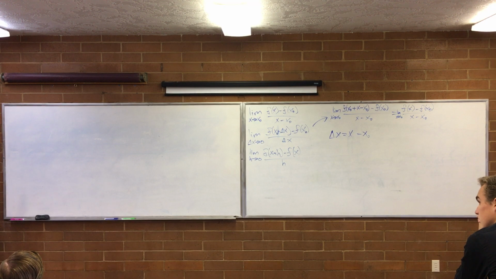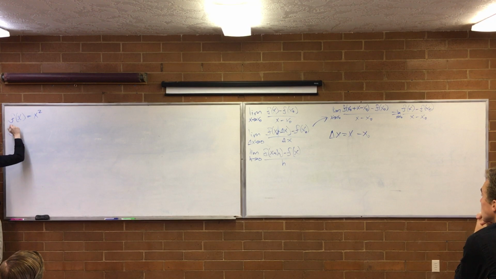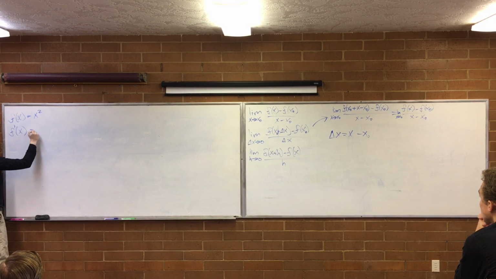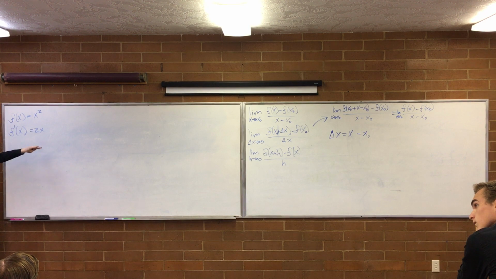Let's do a function that we know the derivative of really easily, and a point that we know really easily. x squared. So f of x is equal to x squared, and we already know f prime of x is equal to 2x. Now to do the inverse of this, we need to limit our domain.